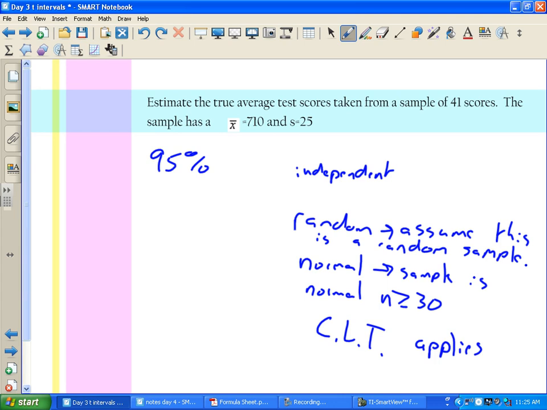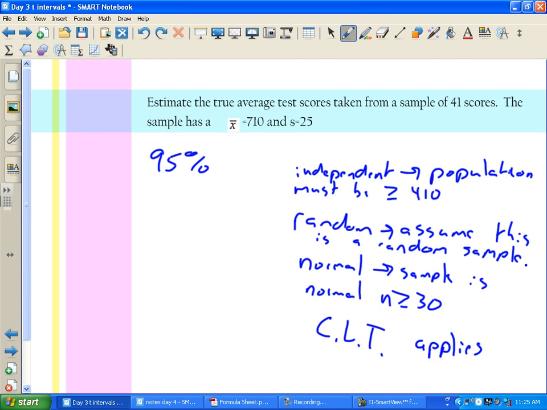Independent? Well, we need to say independence is justified if the sample is less than 10% of our population. Agreed? So I would need to say something like population must be greater than or equal to 410.